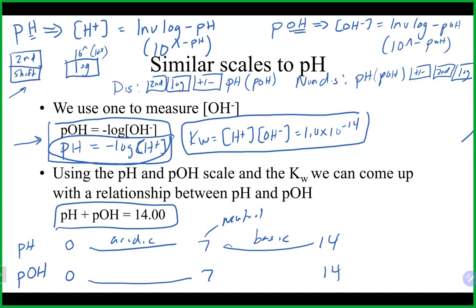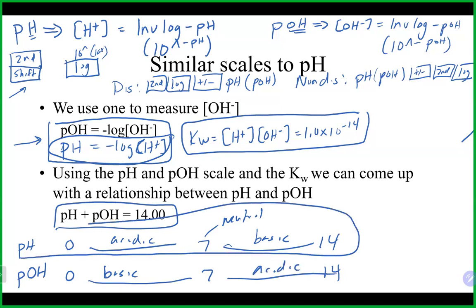Below 7 on the POH scale is actually basic. Above 7 is acidic. So like I said, most people have this in their head, which is why you should probably go with that scale, as the POH scale is opposite. So if you have a large pH or a high pH, you will have a low POH and vice versa. So they do run opposite of each other. Pretty much everything on this page you do.